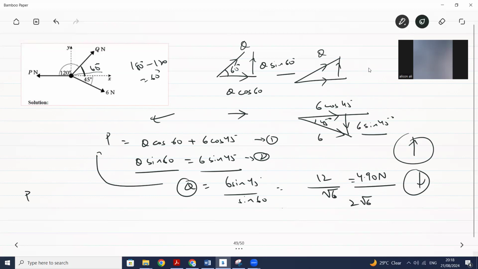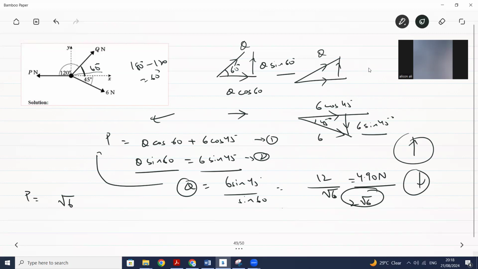So P is equivalent to what? Q cos 60 plus 6 cos 45. As we have gotten the value of Q, we substitute it.